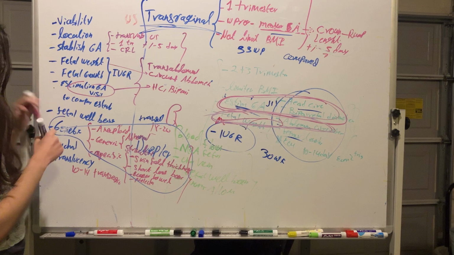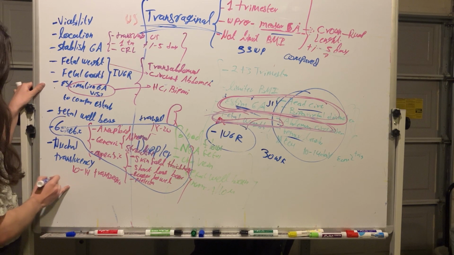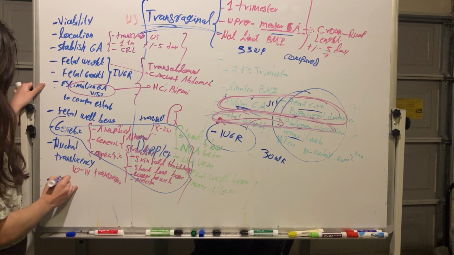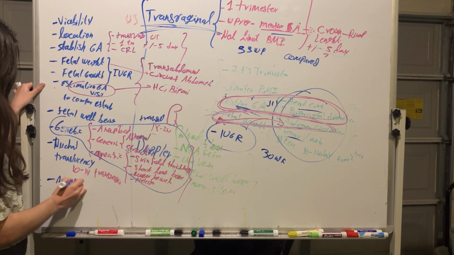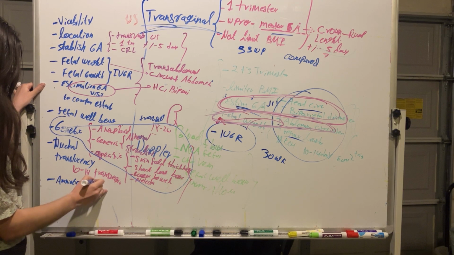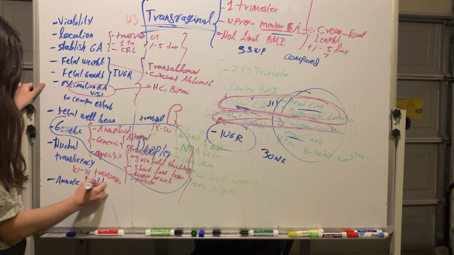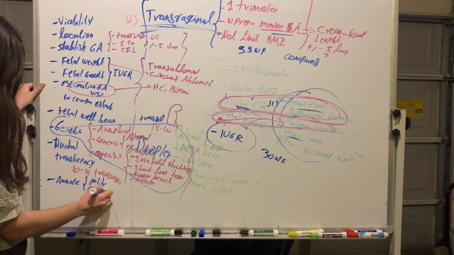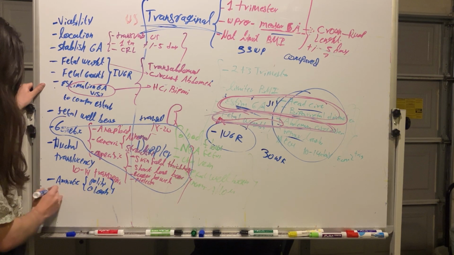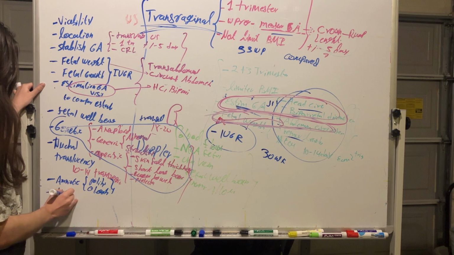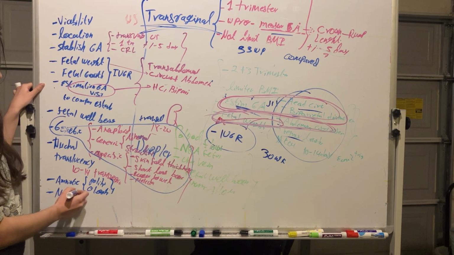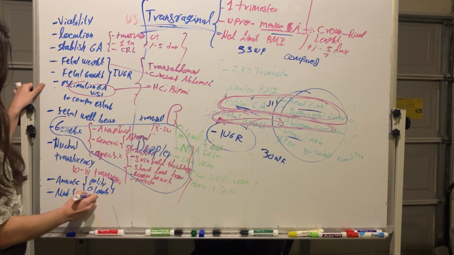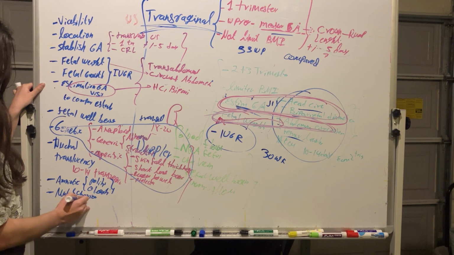We also use the ultrasound to evaluate for amniotic fluid. We could have polyhydramnios or oligohydramnios. Also for multiple gestation, we want to evaluate how many chorions do we have and how many amnions.